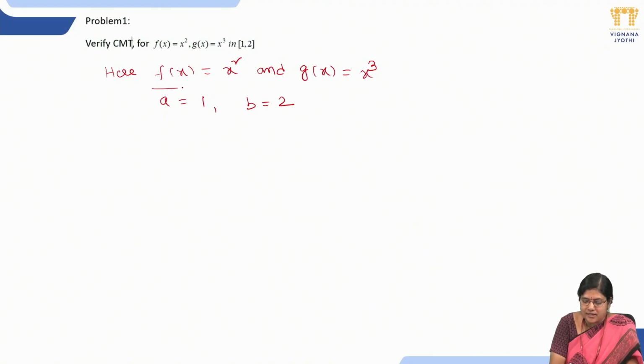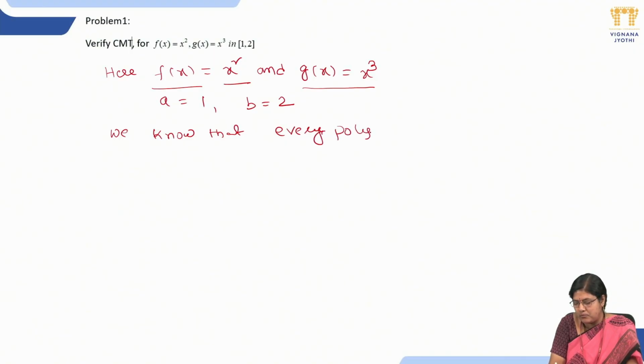So, here f of x is equal to x square. Clearly, f of x is a polynomial function. And also given that g of x is equal to x cube. Clearly, g of x is also a polynomial function of third degree. We know that every polynomial function is continuous and differentiable.